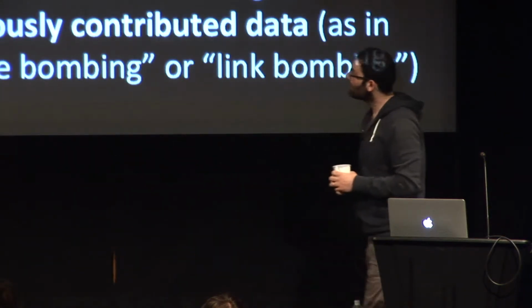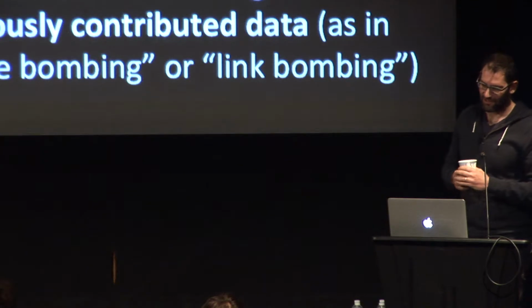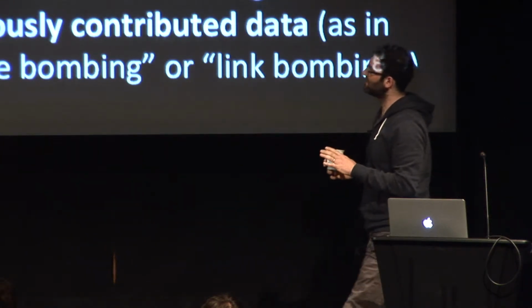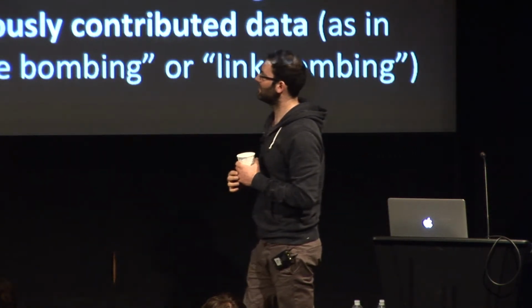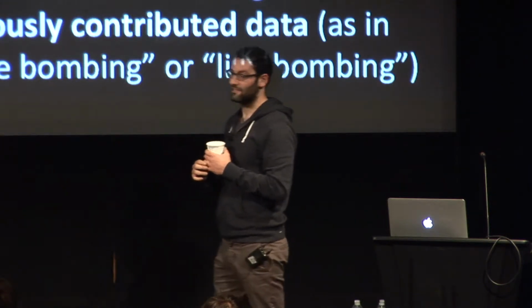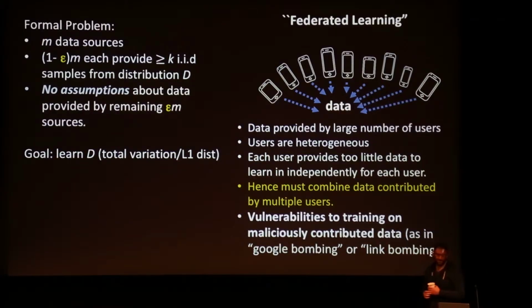Then, as in Jacob's talk, we're going to make no assumptions about the data provided by the remaining epsilon fraction of our sources. And the goal is to learn this distribution in terms of the total variation distance.